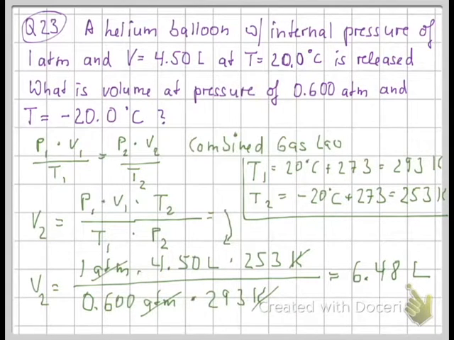And that seems to jive with what I had written down initially when I did these quite a while ago. Alright, 6.48 liters is the size of the balloon once it rises up into higher atmospheres. Less temperature, less pressure. Alright, that's question 23.